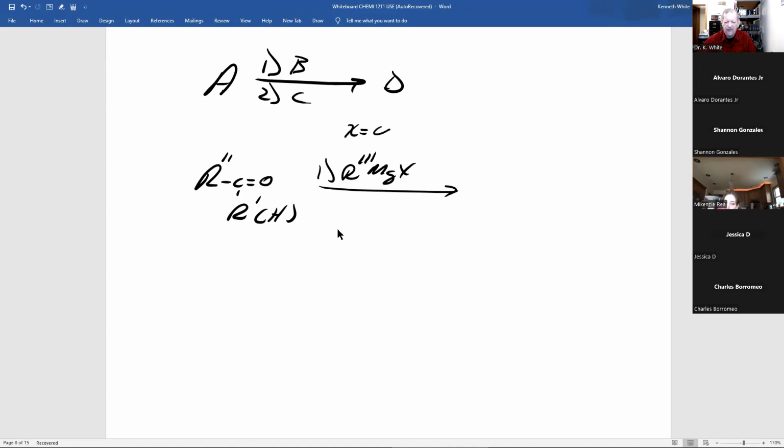Remember, X can be chlorine, bromine, or iodine. Step two, react it with acid and water, or I could have written water, acid, it's identical. And what happens is this attacks that and opens it up.